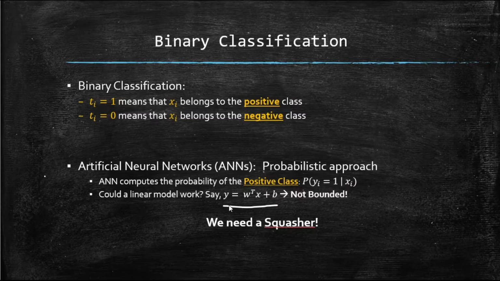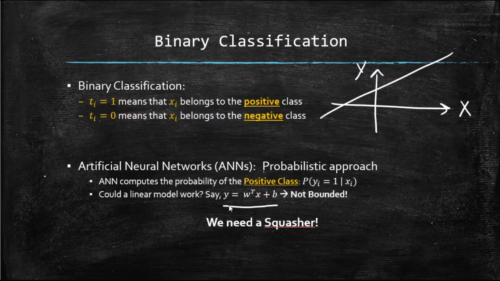Y is not bounded. When you draw a line, with x and y, no matter how you define y, a line is never bounded. It can go up to infinity and down to infinity.